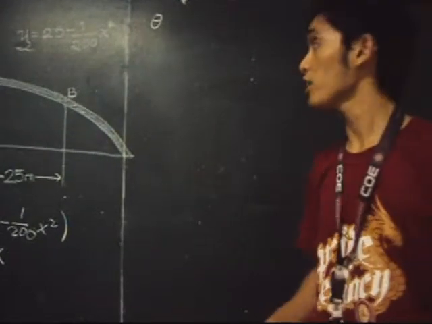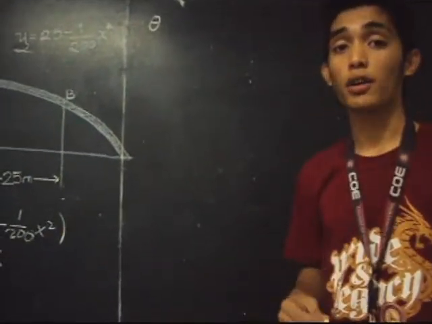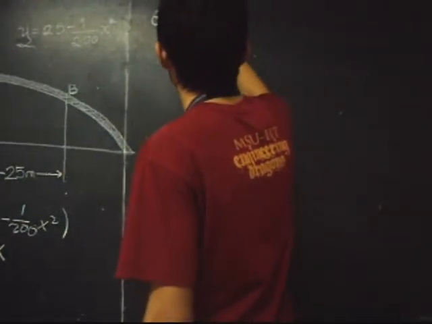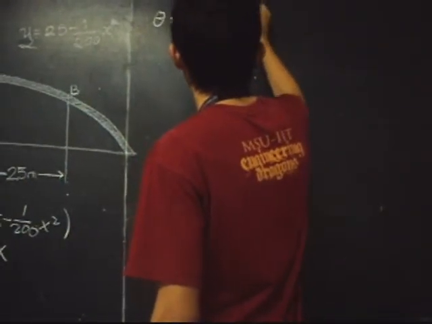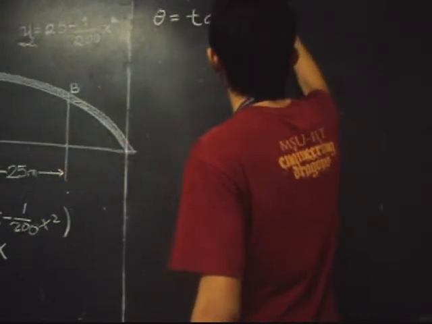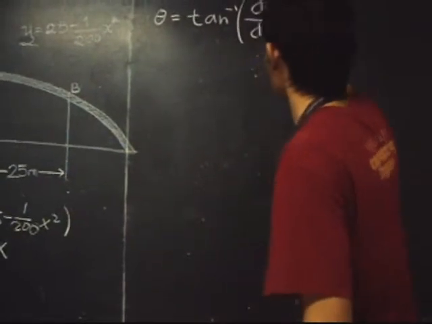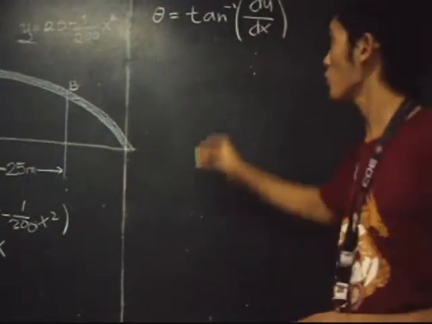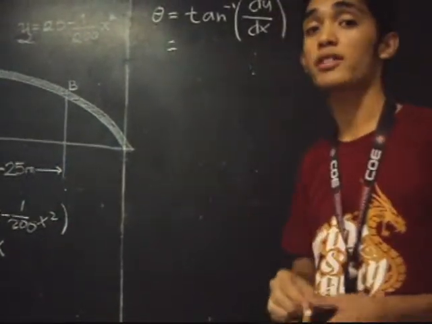Therefore, at any point, angle theta is equal to the arctangent of the slope, and dy over dx is equal to negative 0.01x.